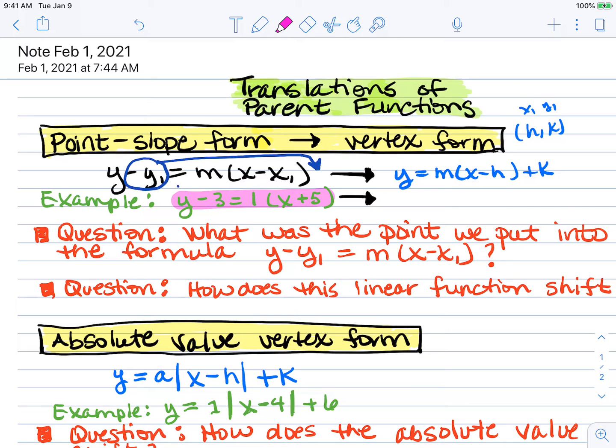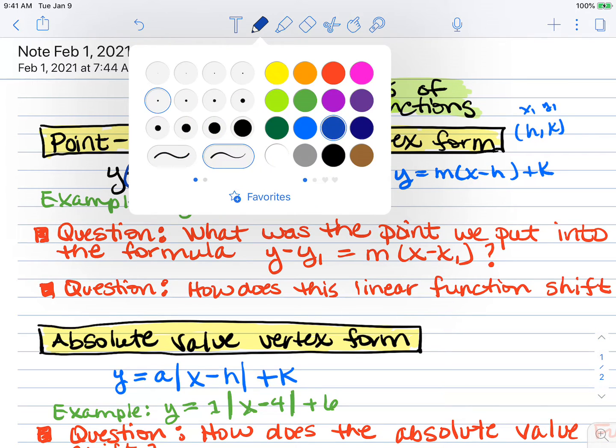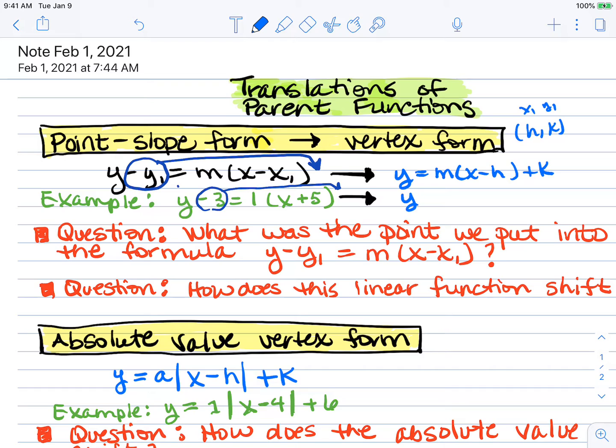It's the same as adding it to both sides. When I do that, I get this into vertex form: y equals, I'm just putting a 1 in for m, x plus 5, and then plus 3, because when I move it, I'm really adding 3 to both sides.